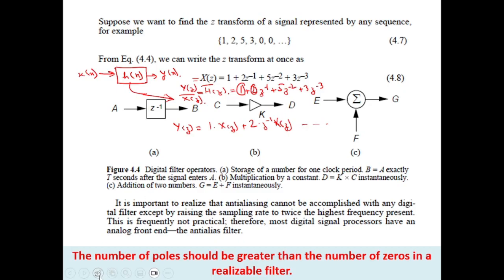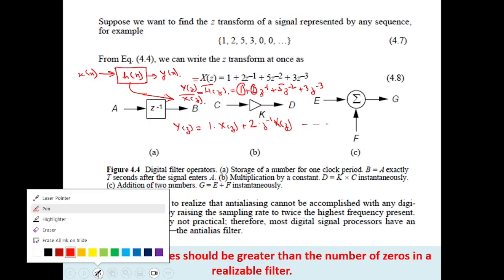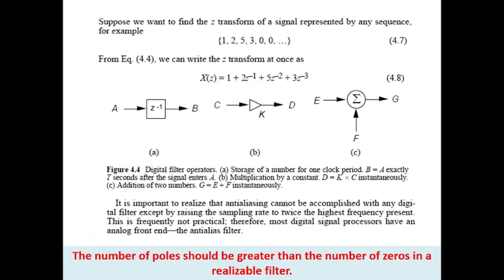So let's see, if I have to implement or realize this filter, how can I realize it? And if you see, I have only three operators, A, B and C. I do not have multiple operators; I can only use these three. So if I am given x(n), in the first instance it goes directly to the output.